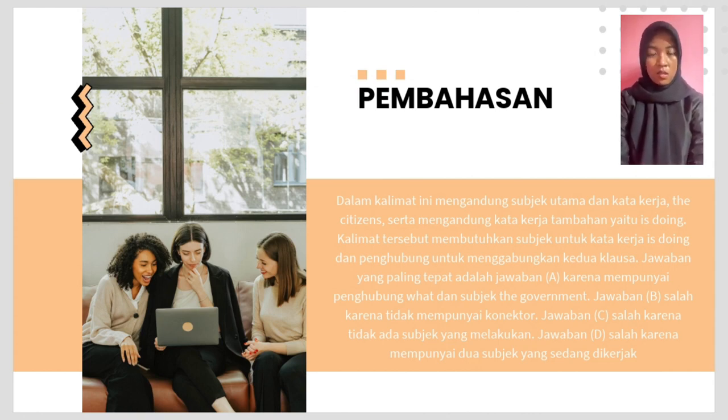So the best answer among these choices is answer A. Why? Because answer A has the connector what to join the 2 clauses, and also the subject for the verb is doing.